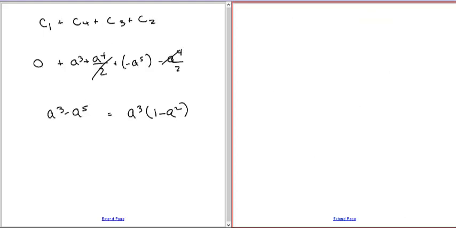So now we can do the curl. Our surface is this equation given by negative y squared plus z equals 0. That comes from z equals y squared. So first we need to find the curl of f.